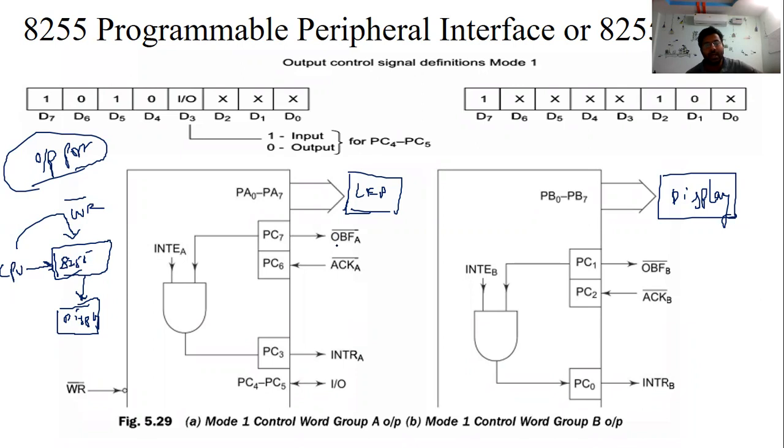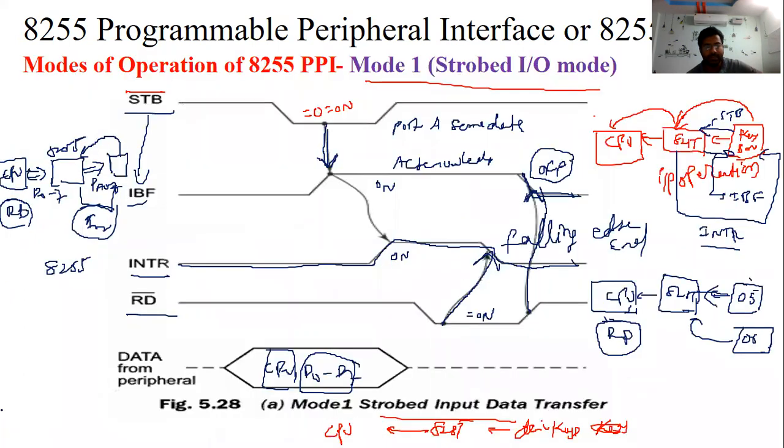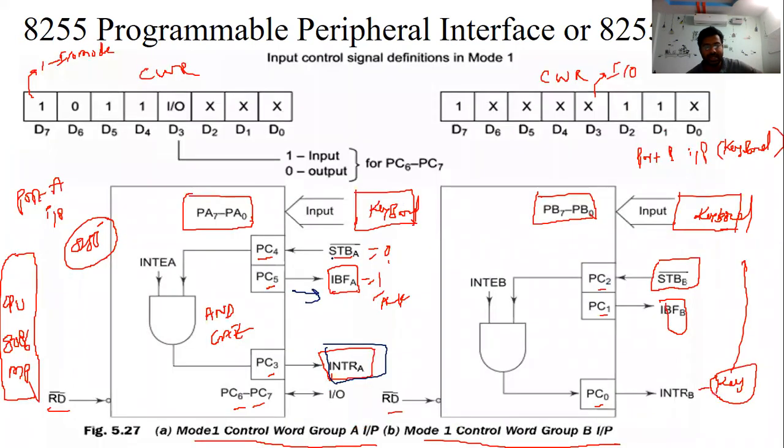Okay, see this output buffer full. The signals, whatever they may be: in the input mode it is STB, and in the output mode it is IBF. Okay, you should remember in the input mode, this is a strobe signal, and this is IBF.